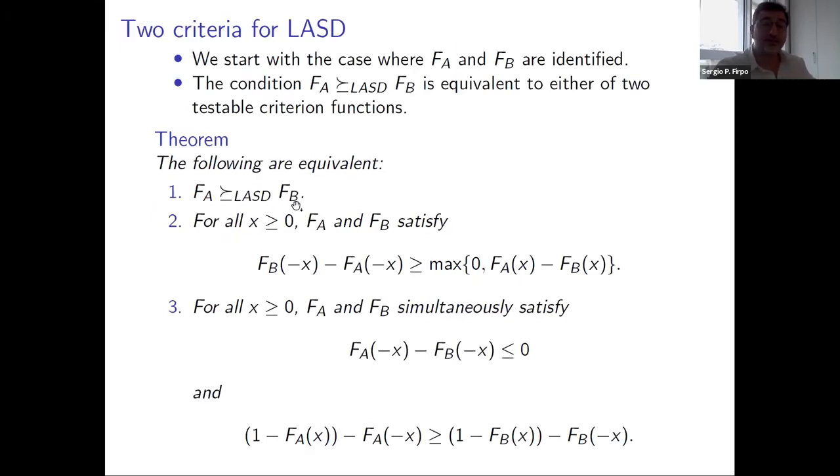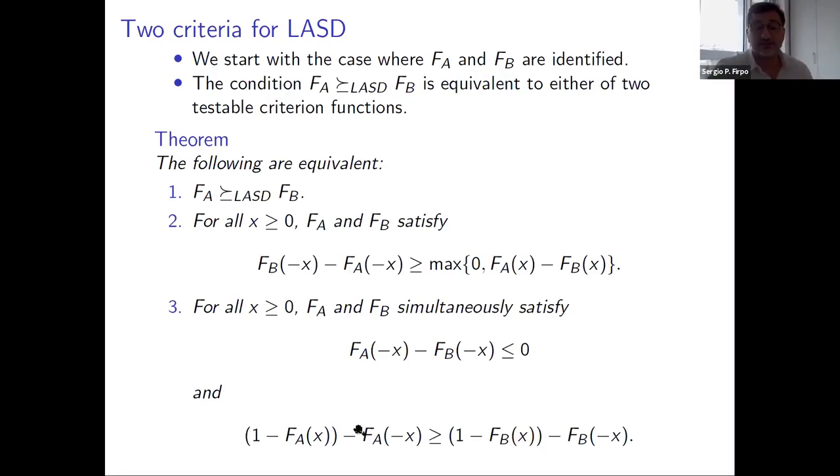FA will dominate FB if, for example, you have two equivalent criteria, so if and only if this happens, and I think this one here is easier to look at. So this first one is basically saying that for the negative part of the support, FA has to dominate FB in first order, right? The usual, ordinary first order dominance criterion, but only for the negative part of the support.